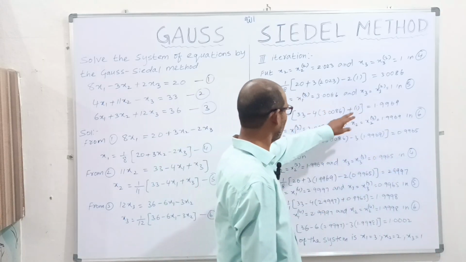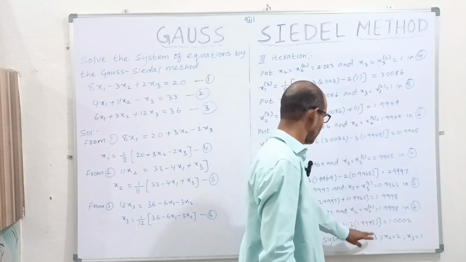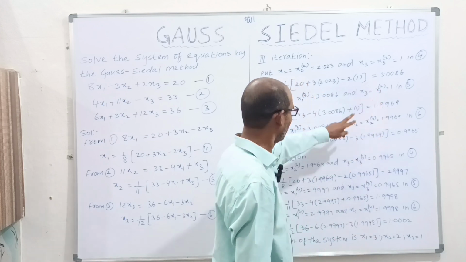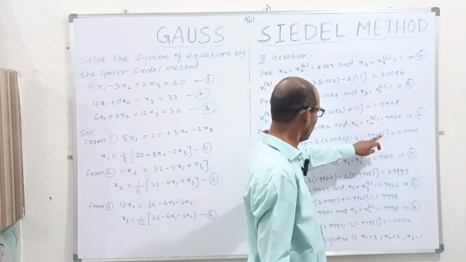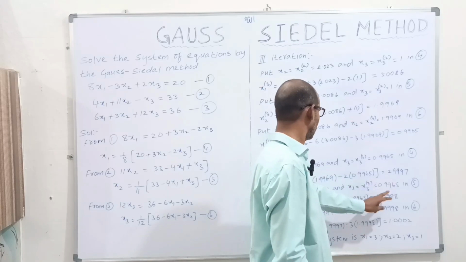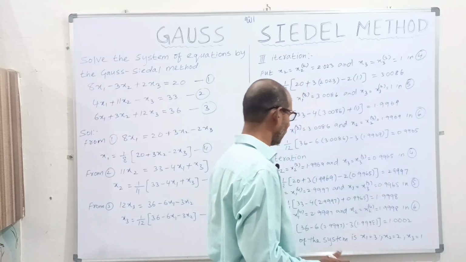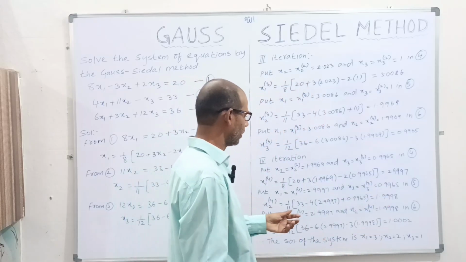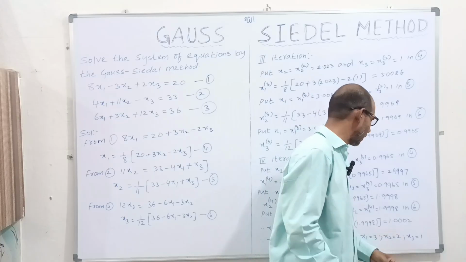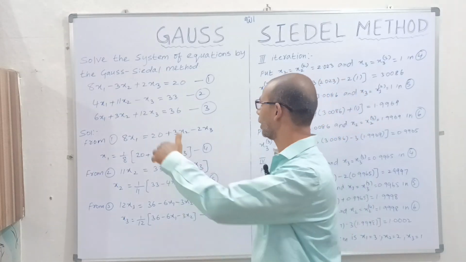So we have rounded off to the nearest decimal. So here 3, 2 and 1. Now let us check by substituting these values of x1, x2 and x3 in the equation.